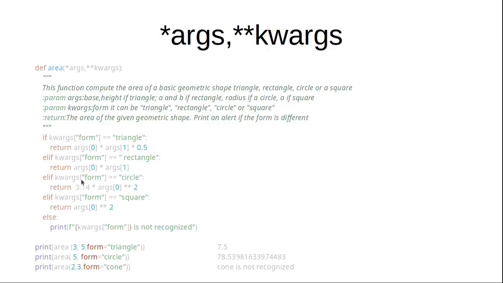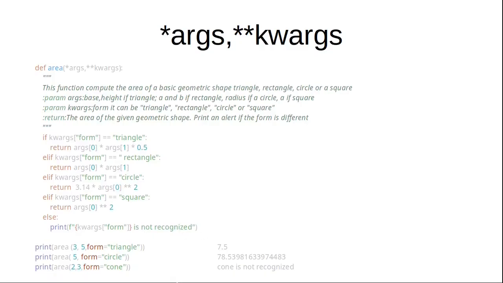Else if keyword arguments of form is equal to circle, return pi multiplied by args 0 squared. Else if keyword arguments of form is equal to square, return args 0 squared. Else print f-string keyword arguments form is not recognized.